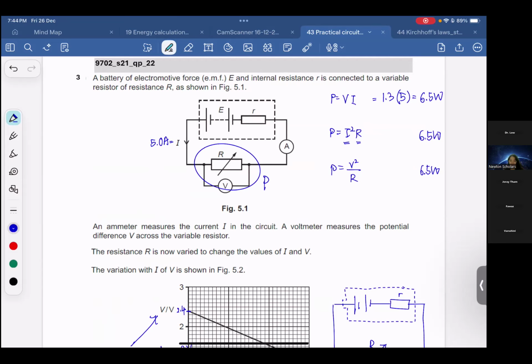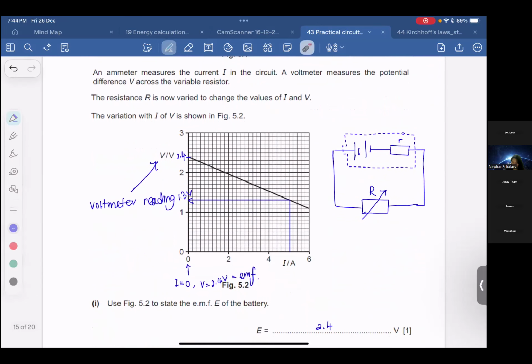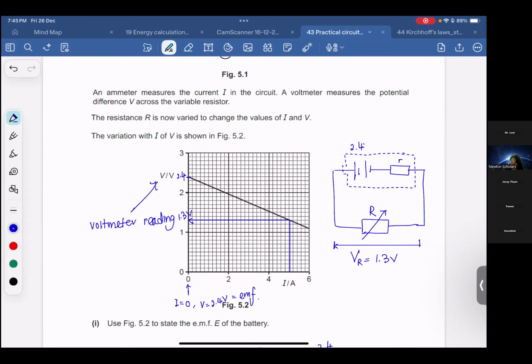Now I want to emphasize that this reading of 1.3 is for this part. 1.3 is the voltage for this part. Voltage across R is 1.3 volt, so here is 2.4 volt.